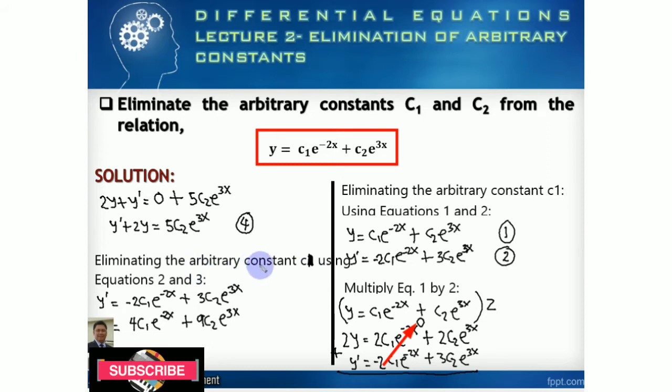So in this one we are going to eliminate the C1 from equations 2 and 3, since we already eliminated the C1 from equations 1 and 2. So our next step will be eliminating arbitrary constant C1 using equations 2 and 3.